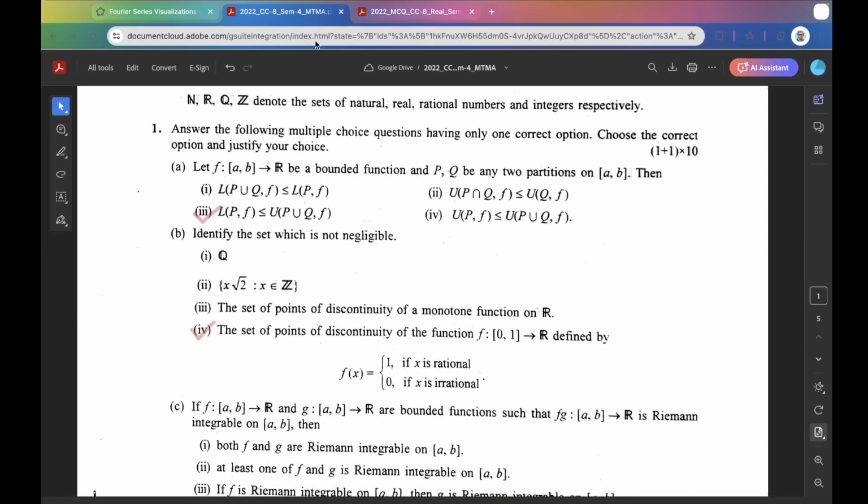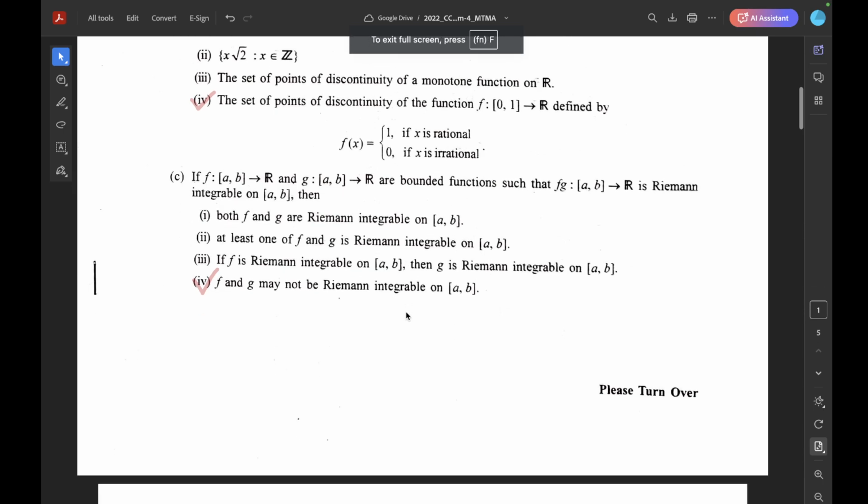Next, question c. f maps the closed interval [a,b] to R and g maps [a,b] to R are bounded functions such that the product fg from [a,b] to R is Riemann integrable on [a,b].